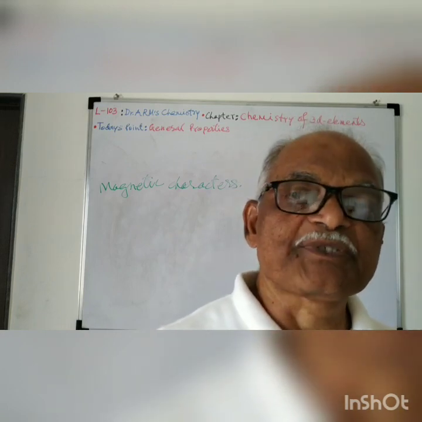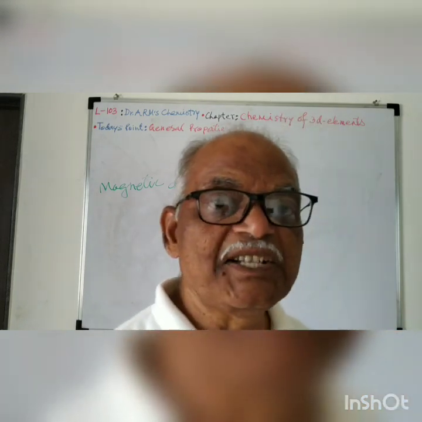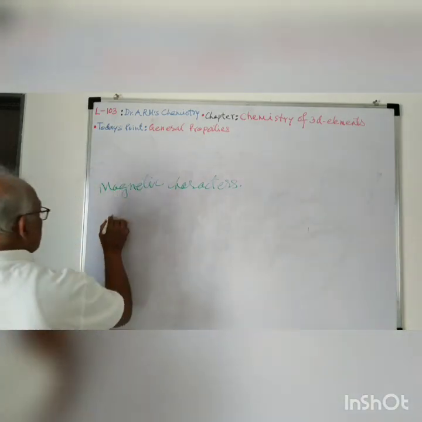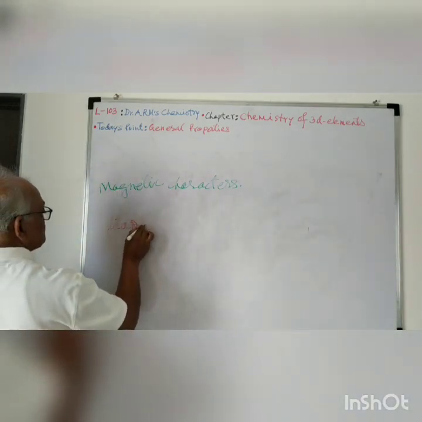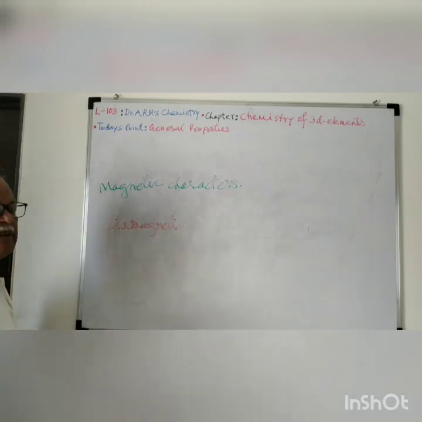If the substance contains electrons in the paired state, the magnetism is called diamagnetism, or the substance is called diamagnetic.